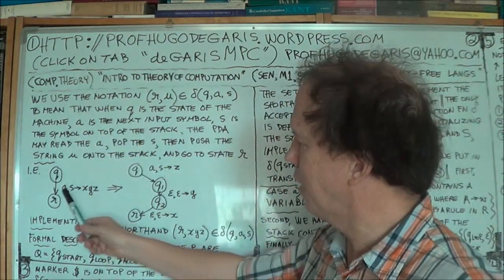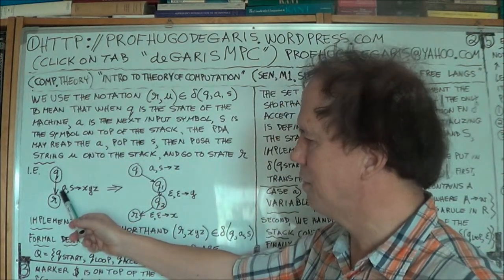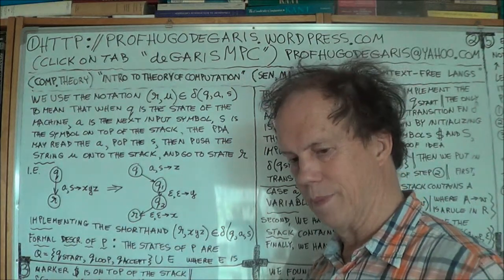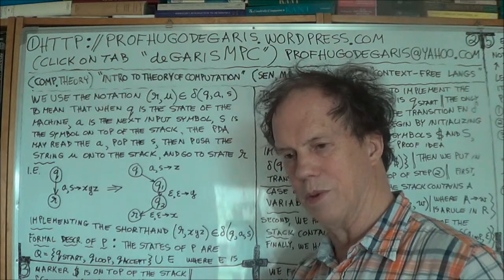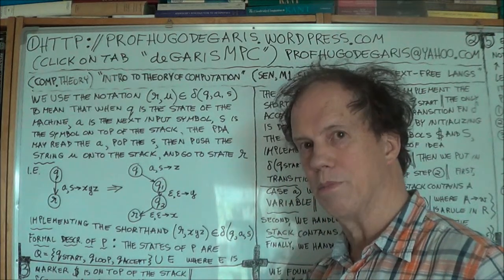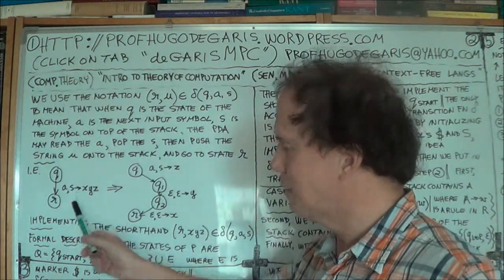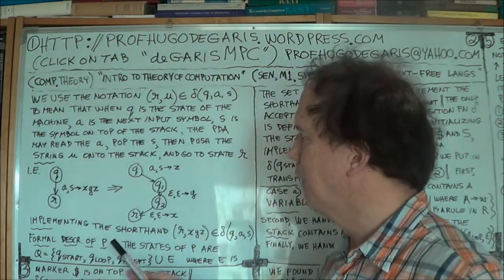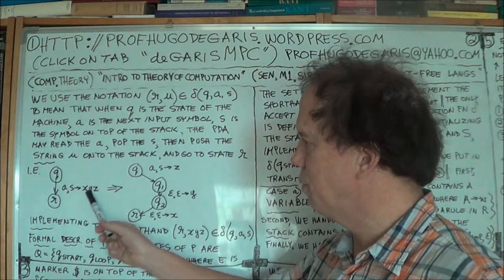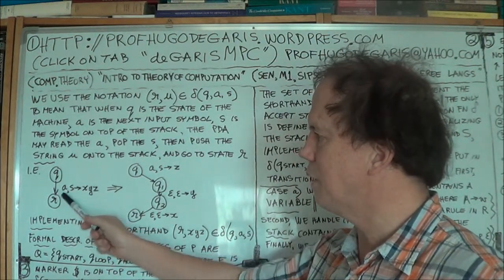So the A here is the symbol to be read in the input string. Your S is the symbol at the top of the stack, and this is the string you will push if these match.